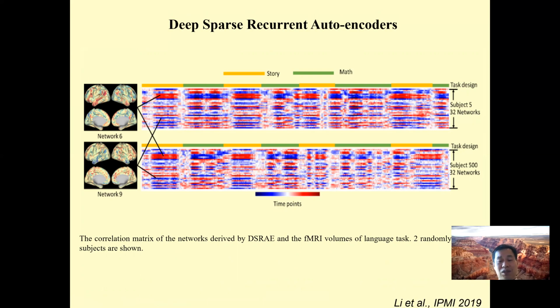So for the first time, we are able to extract those dominant brain activity patterns or brain networks from fMRI data very robustly, with both spatial and temporal dynamics, using the same unified spatial temporal recurrent autoencoder. Okay, so that's the most recent work we have done for the hierarchical modeling of brain networks.